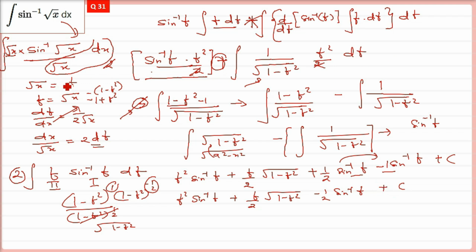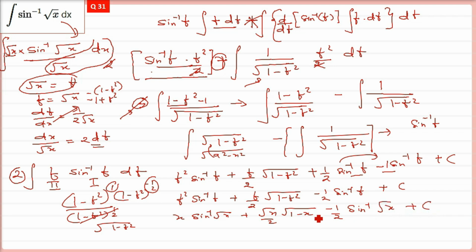And only one thing is remaining. We have to replace now t by under root x, which was initially taken. So it will be x sine inverse under root x plus under root x by 2 under root 1 minus x minus half sine inverse under root x plus constant of integration.